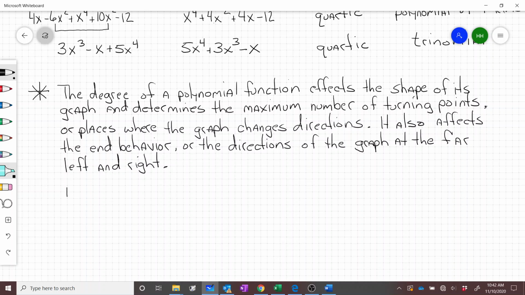Okay, we're going to say a function is increasing when y values increase as x values increase.